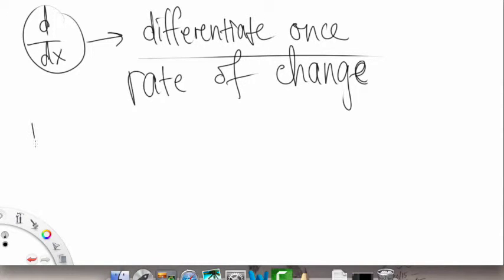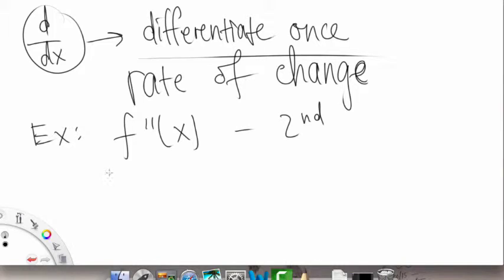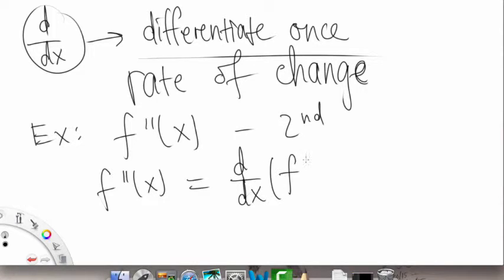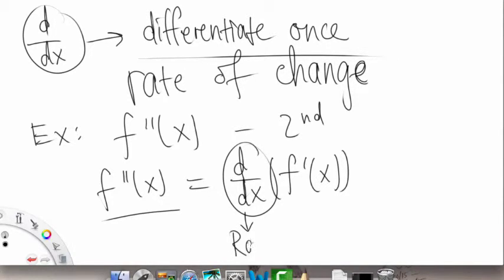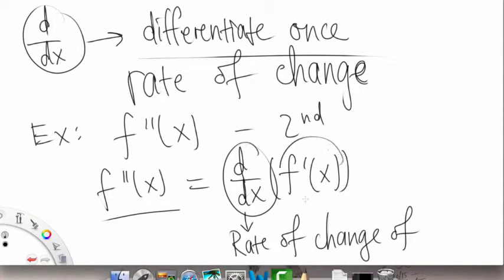For example, let's say we have the second derivative, f double prime of x, which is equal to d/dx of the first derivative. The second derivative describes the rate of change of f prime. So our second derivative tells us how fast our first derivative is changing, of our original graph.